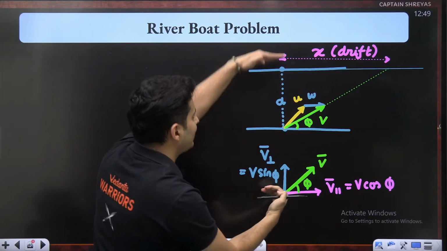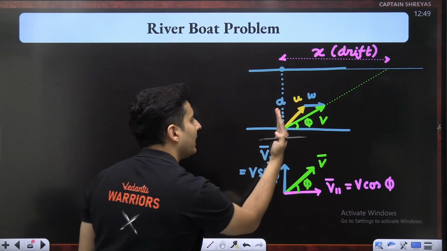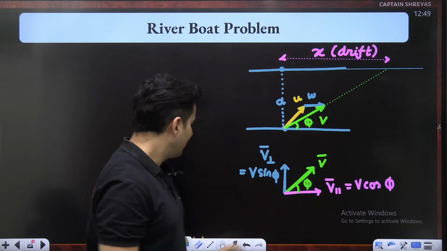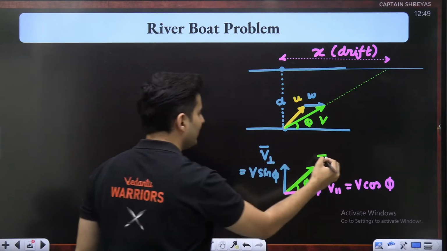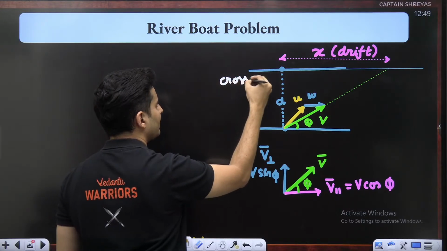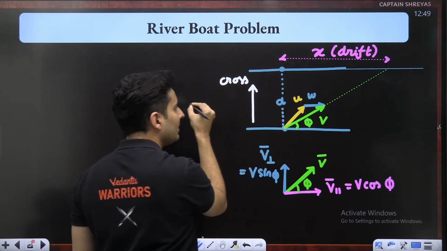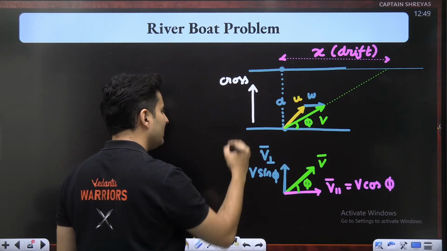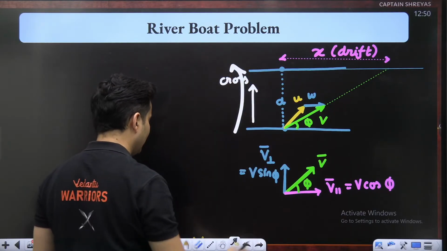When you try to cross the river, you are not even bothered about this velocity, because understand, crossing means over here. This is what crossing the river means, from one side to the other side. This is not crossing. Crossing means going from one side to the other side, like this.